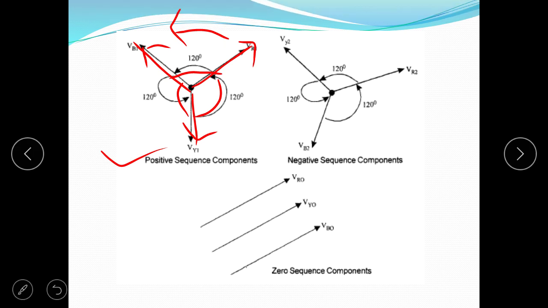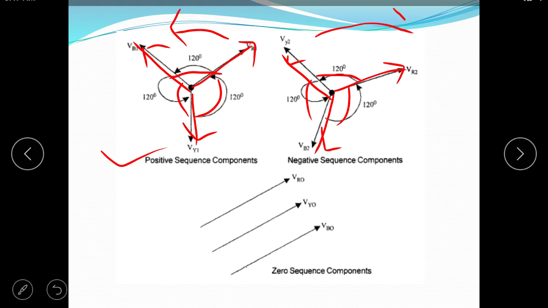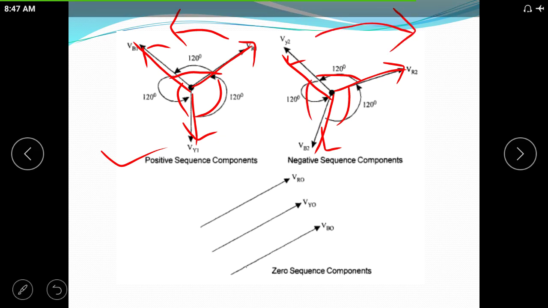Similarly, for the negative sequence component, the negative sequence voltage of phase R is VR2, of phase Y is VY2, and of phase B is VB2. The phase displacement is 120 degrees between two phases, but the direction of rotation is opposite to the positive sequence component.